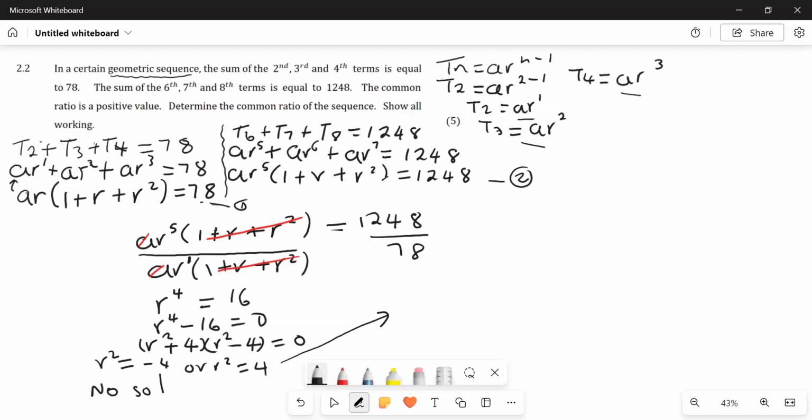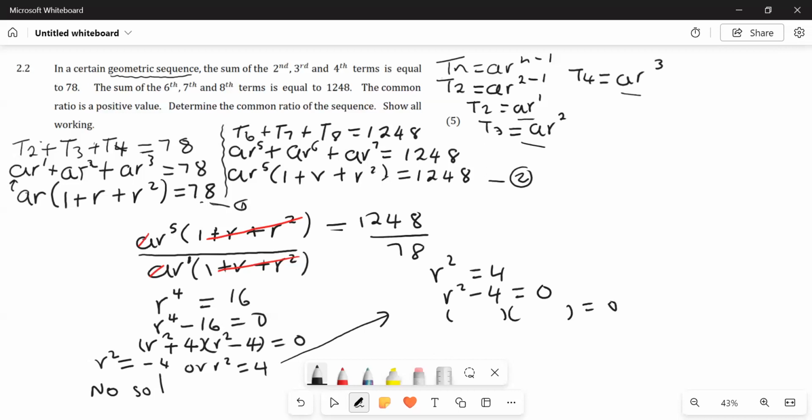So r squared being equal to 4, we can transpose our 4 again, and the sign changes to a negative. And then from there, we can now start factorizing using difference of two squares.